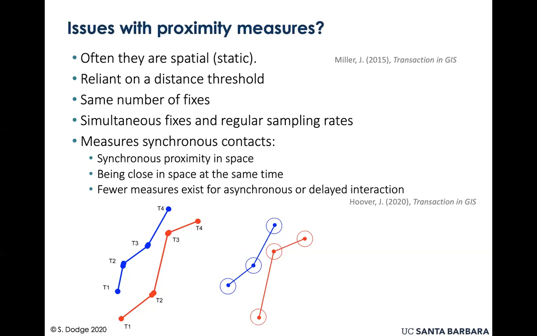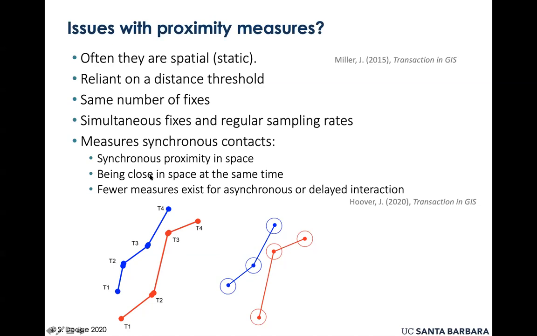They often rely on a distance threshold. And if you consider point-to-point distances, we basically need GPS tracking data that are measured at the same time. We need simultaneous fixes, or the same number of fixes over time.